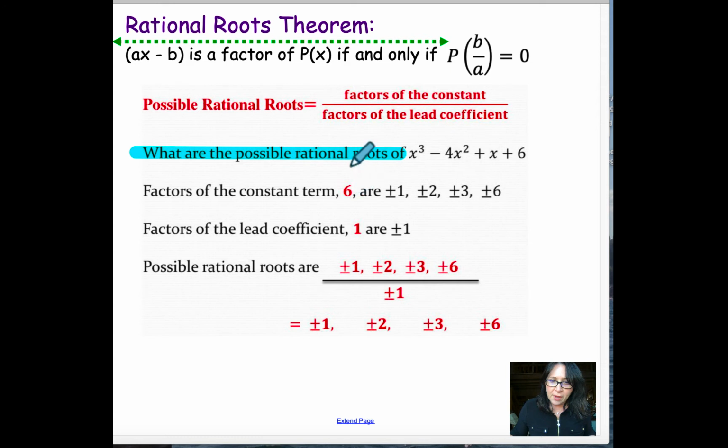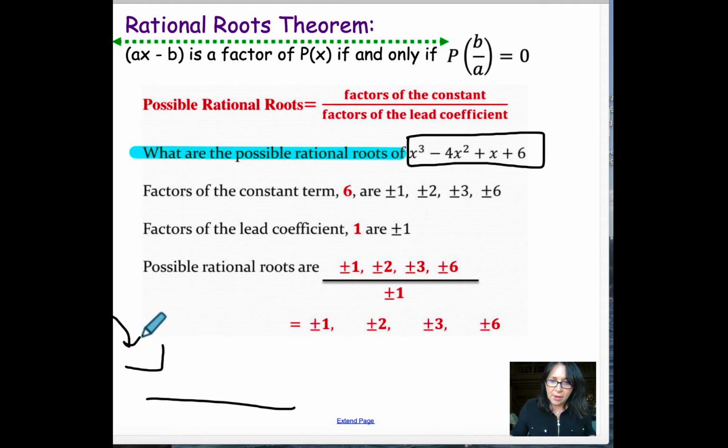So the rational root theorem is this. It says, if you have an equation, and this is our equation right here, okay? If you have an equation, how do I know which values to start dividing if you don't already give me? So like, what value should I plug in to my synthetic division in here? What value should I plug in in order to figure out what terms I'm going to start dividing by?